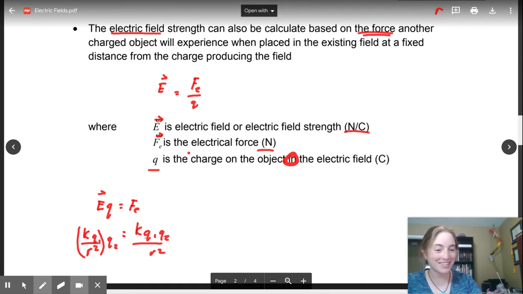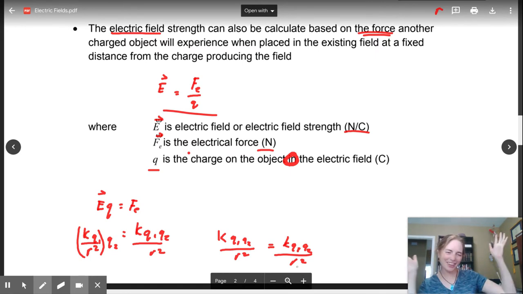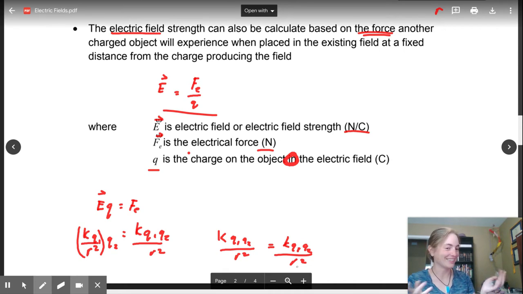What do you guys notice? They're the same. So Eq1q2 over r squared is equal to kq1q2 over r squared. This equation here is just a nice, simplified, easy-to-use version of that. Isn't that awesome? I absolutely love stuff like that. It shows why it works, too. I really like it when you can link the two equations. Can you tell I enjoy this? A little bit.